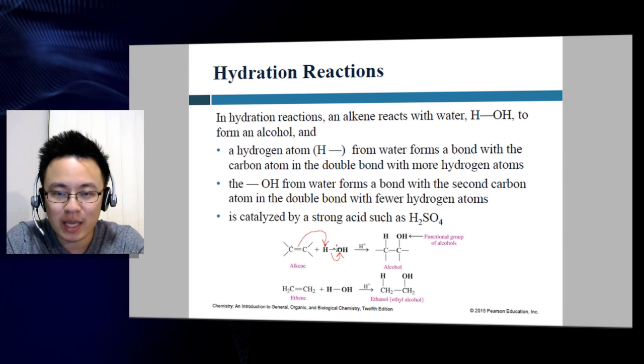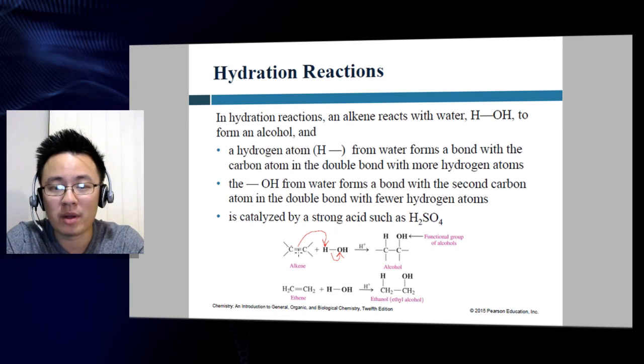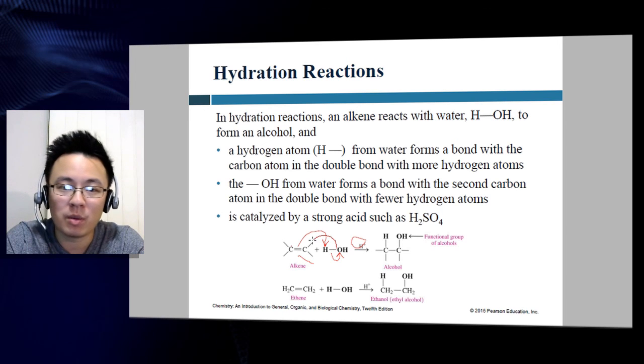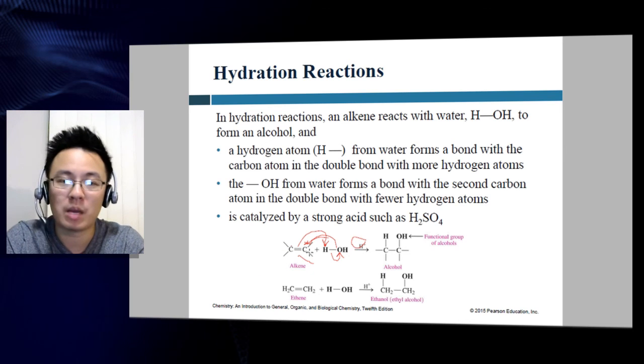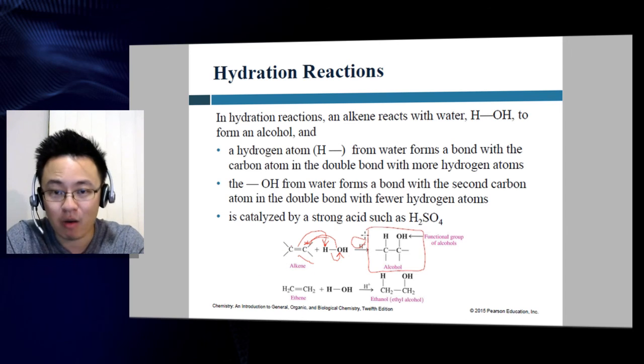And then that double bond is also going to grab a hydrogen atom from solution as well. Okay, it's going to grab that. And then the hydroxide is going to bond right on back over here, because now we have a positive charge on the carbon. It comes on back, therefore forming this alcohol.